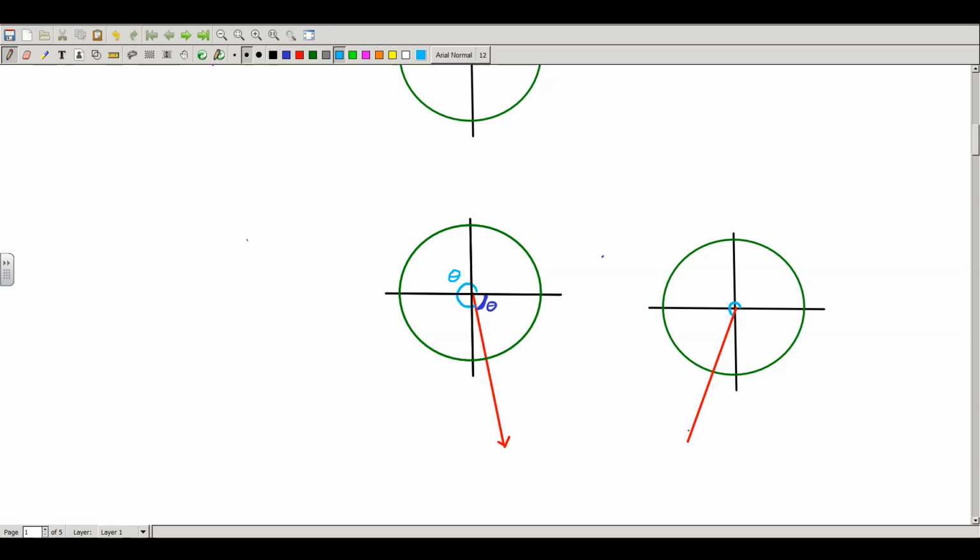Like it was a big old angle, some crazy rotation, and it ended right there. Let's say that was theta. Well, the reference angle still is just going to be the simple idea that wherever it landed, the reference angle is still just going to be this acute angle going back to the x-axis. So that's theta prime there. Right, so that's a reference angle.